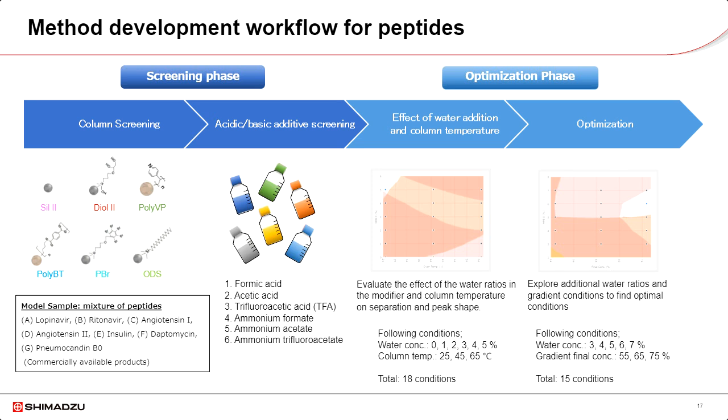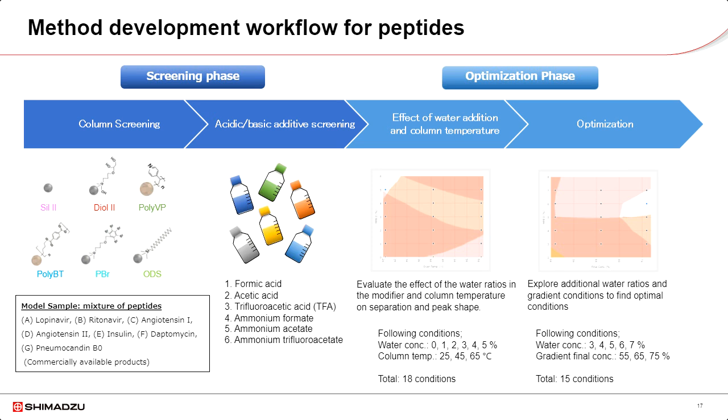Incorporating all of those elements, we can now visualize our method development workflow for peptides as the screening phase and optimization phase, each subdivided into two sets of experiments. In the first experiment of the screening phase, we'll perform column screening, looking at our model sample, which is a mixture of commercially available peptides, including lopinavir, ritonavir, angiotensin 1, angiotensin 2, insulin, daptomycin, and pneumocandin.